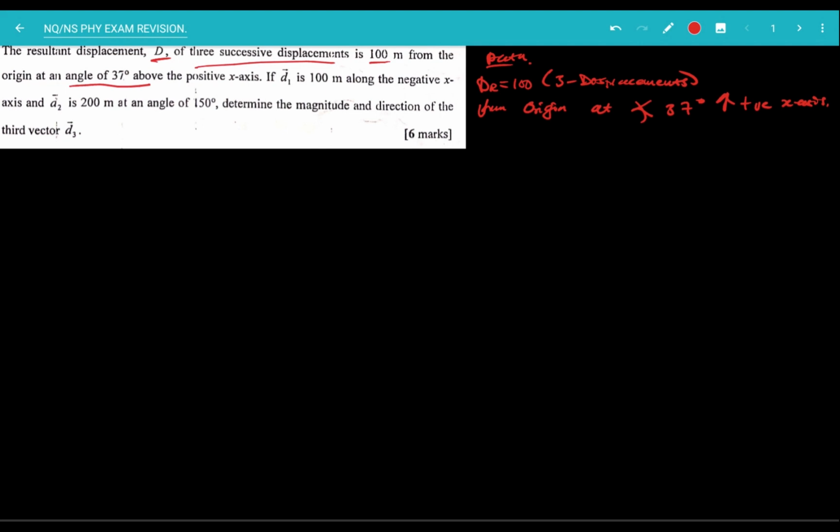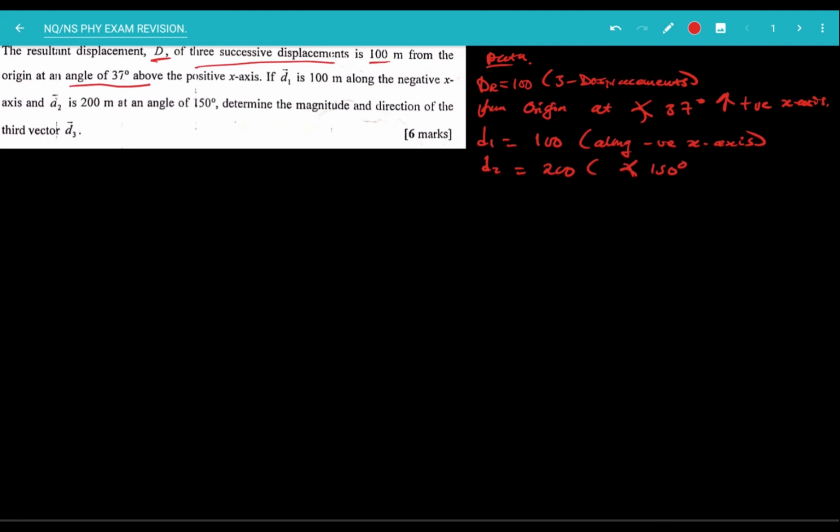Other than that, we've been told that D1 has a magnitude of 100 meters, and it's along the negative x-axis. And D2 is 200 meters, and this one is at an angle of 150 degrees.